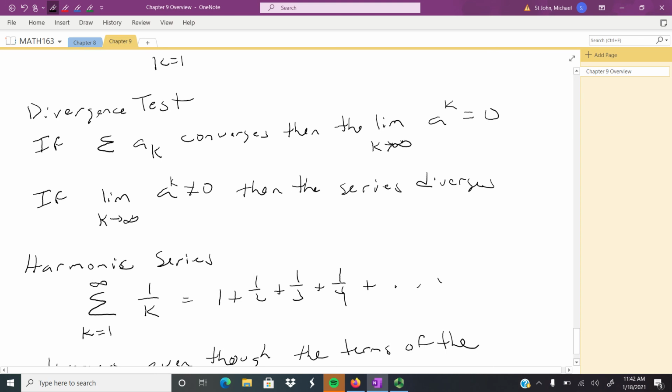If the sum of a sub k converges, then a sub k approaches 0.